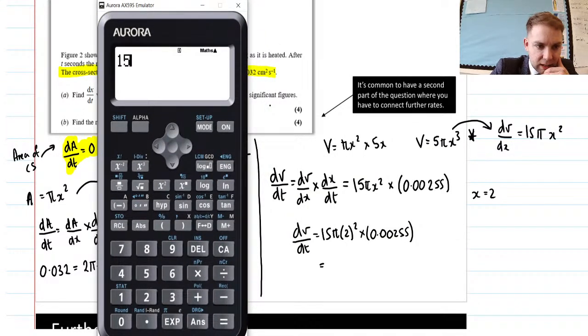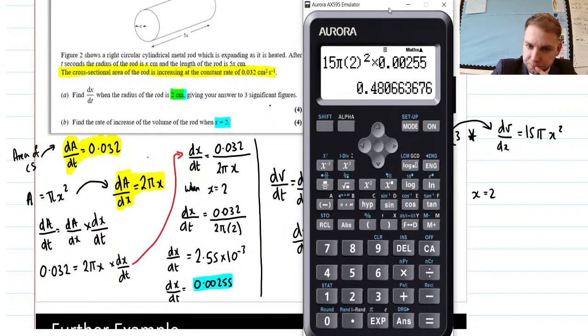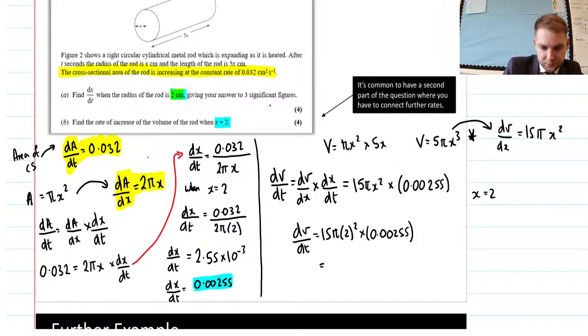So 15 shift pi times by 2 squared times by 0.00255, which is equal to, why not, 0.48. Do I want it to 3 significant figures again? Probably. So 0.481 in this case.